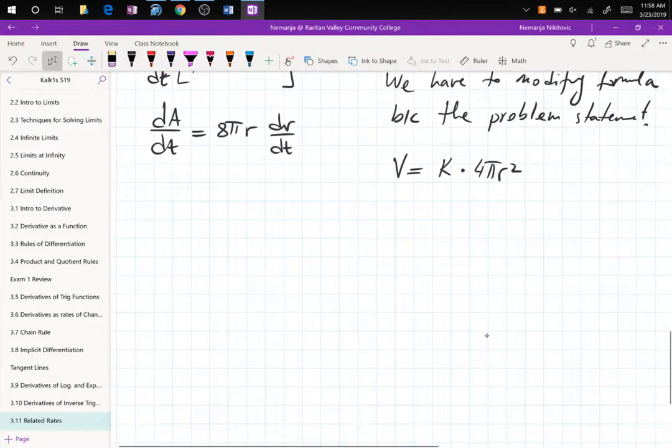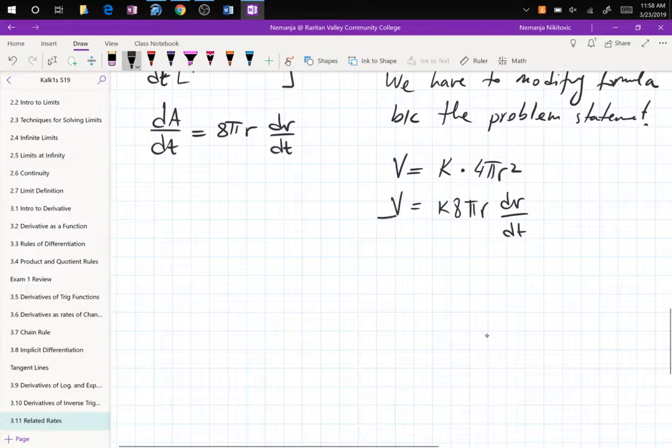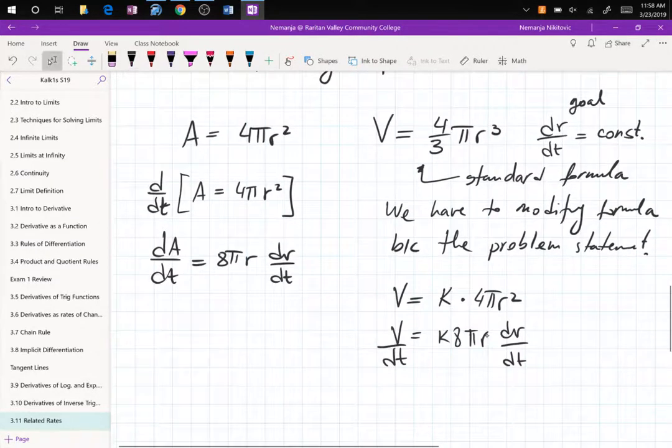So if we differentiate here, we'll have K 8 pi r dr dt, dV dt. So when you divide these two, you will find that there. Let me see.